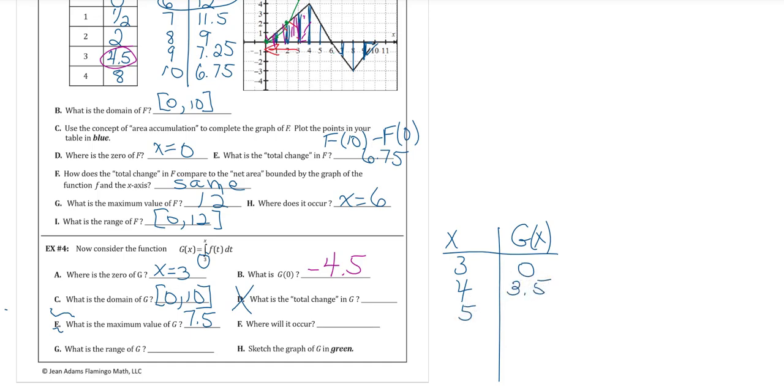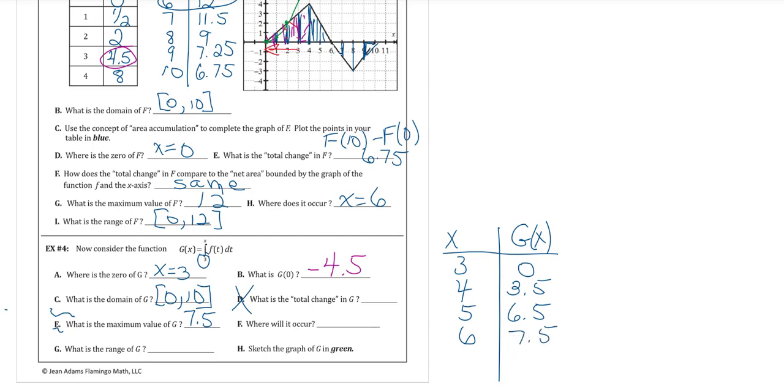And then when I go to 5, I'm going to add on the next little trapezoid right there. And that gives me, at 5, 6.5. And at 6, moving over, I have that little triangle there. So then at 6, I'm at 7.5.